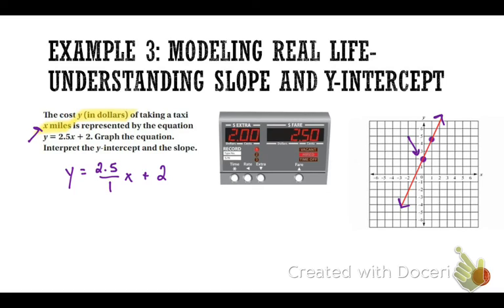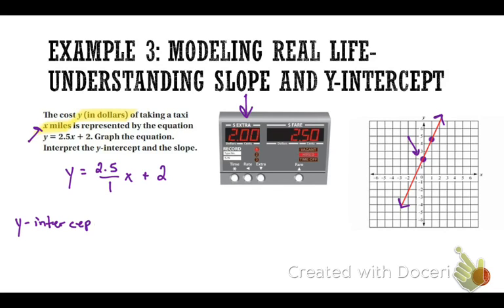Miles. So, how many miles did I go on the y-intercept? 0. That's why it's $2 extra. It's $2 just for them to show up at your doorstep. Your starting value before you go anywhere is $2. Okay? So your y-intercept interpretation, you can do these in any order.